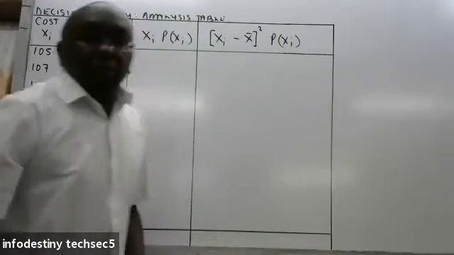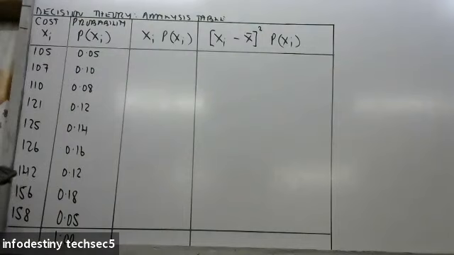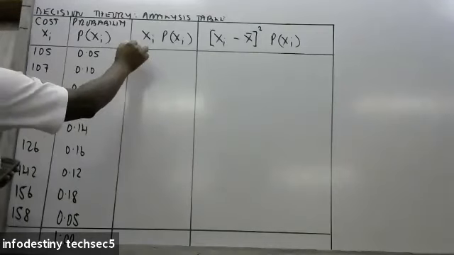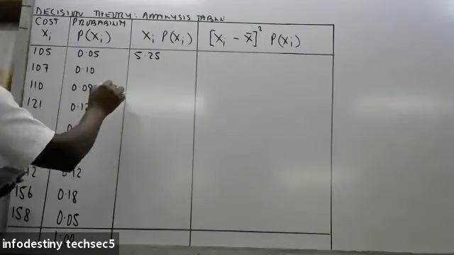So let's quickly multiply. 105 times 0.05, I have 5.25.